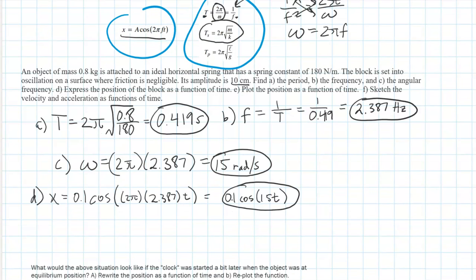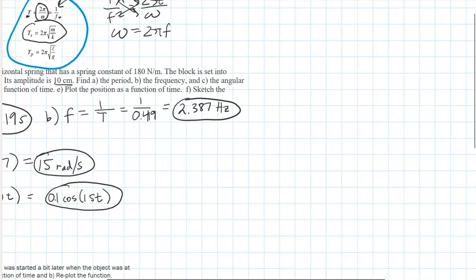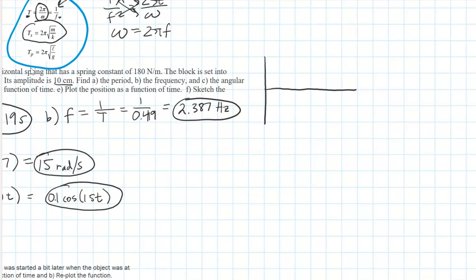Now we actually want to plot position as a function of time. So I want a little bit more space for that. So I'm going to draw some axes here. Now my amplitude is 0.1. So that means the maximum that my mass is going to go to in terms of position is 0.1.